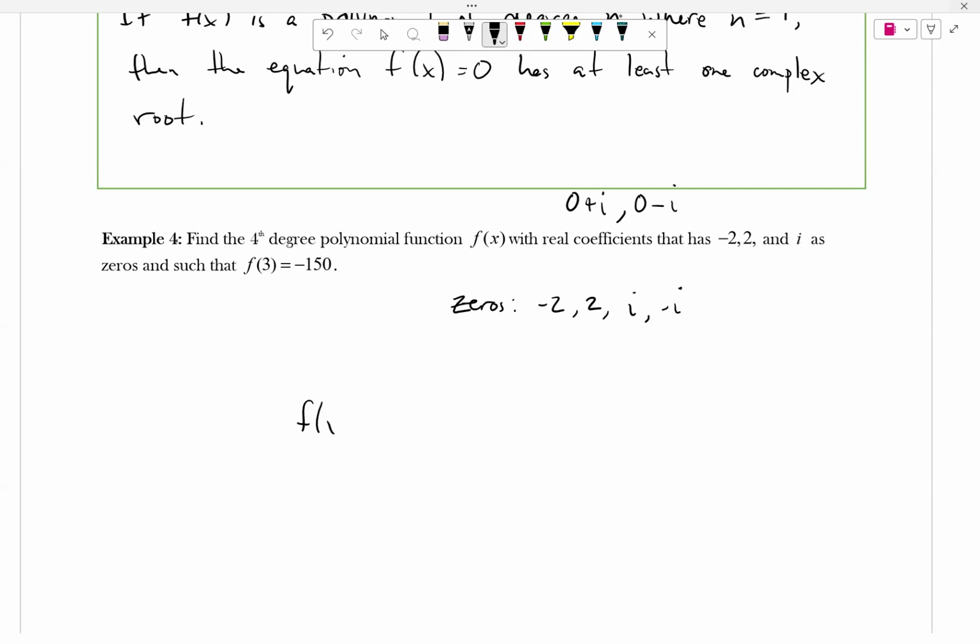So we have f of x equals this. -2 means one of the factors is going to be x plus 2. The other one's going to be x minus 2. The other ones are going to be x minus i and x plus i. Yes. Zero. Yeah, sure.